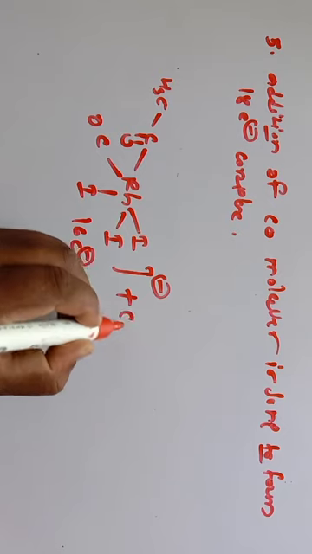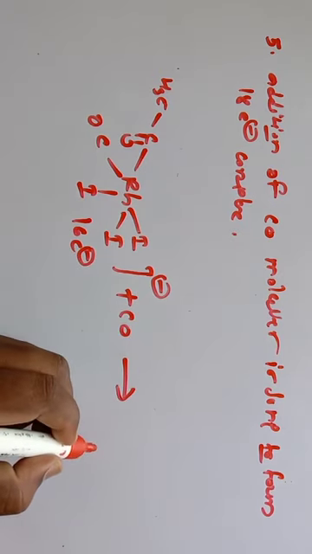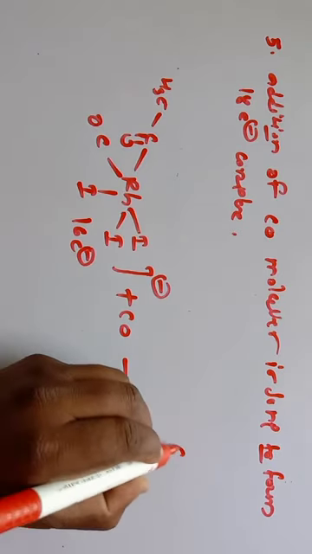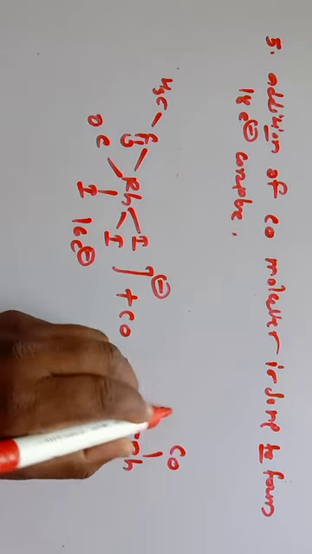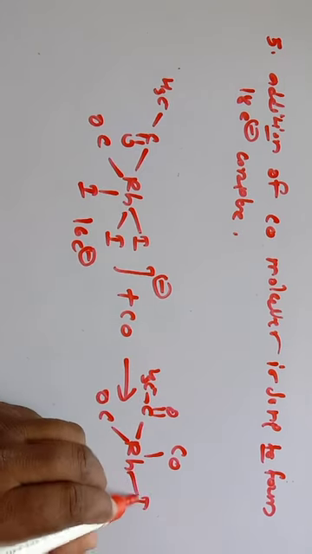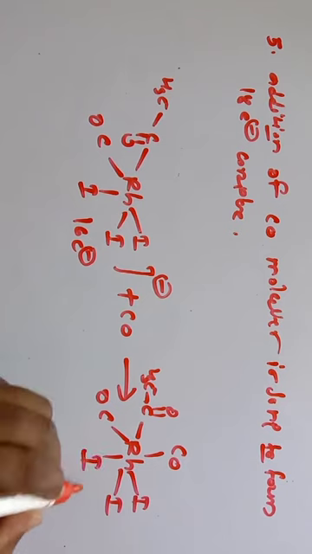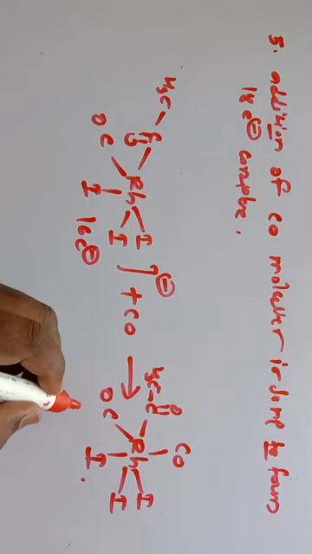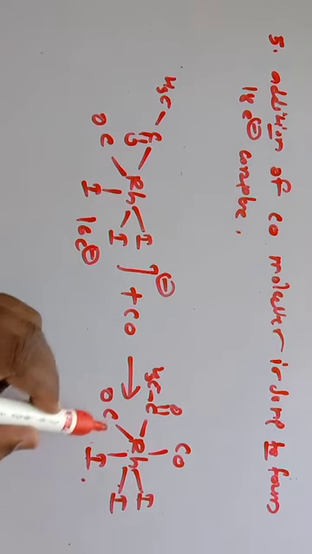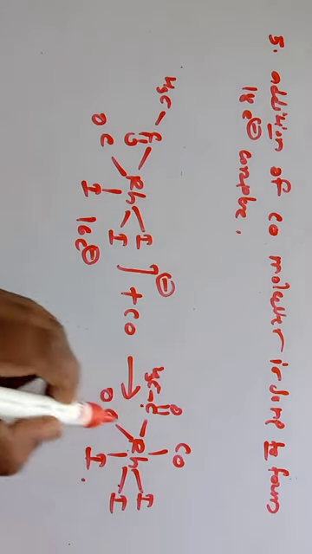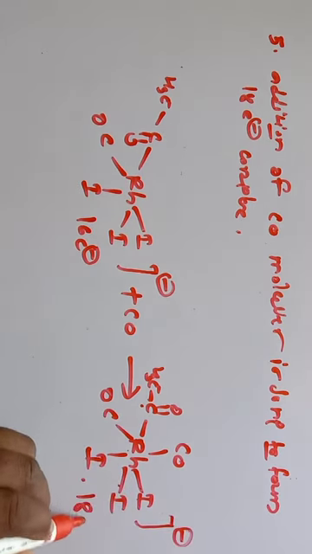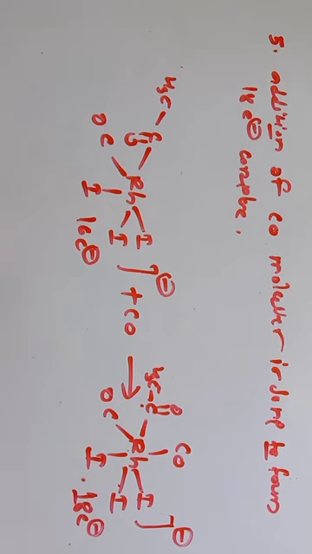Then you add one carbonyl, and it is converted into this: Rh, carbonyl, C double bond O CH3, carbonyl, iodine and iodine. If you count the electrons, it is 9, 10, 11, 12, 13, 13 plus 4, 17, and with one negative charge it makes an 18 electron species. So this is the step.